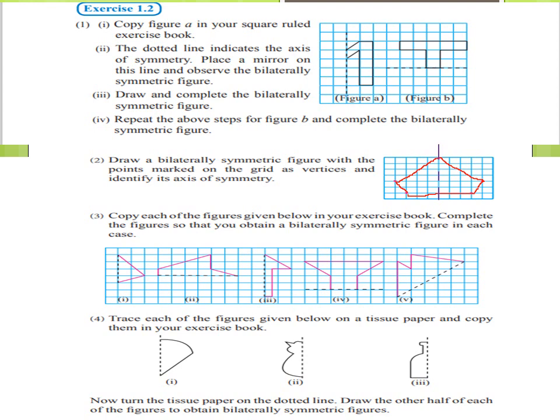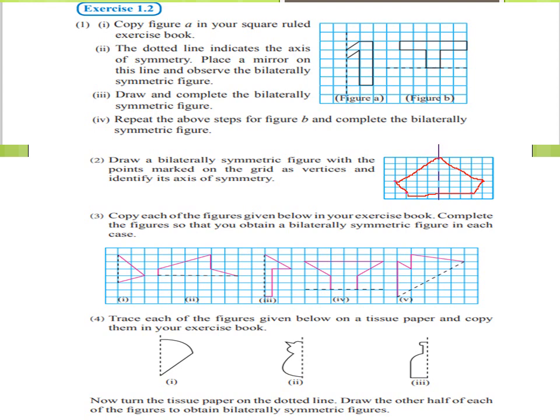So, in figure A, you should make the other part. Just take one up and then go one to the left side and again come back down and go to the right side and again go up near it and again come down, and then you can make an M and M. And in figure B you should make a T. There is a T and you should make another T. Then just go 2 squares down and go 2 squares left and go 1 square down and go 5 squares to the right and go 1 square up and again go 2 squares to the left and again go 2 squares up.